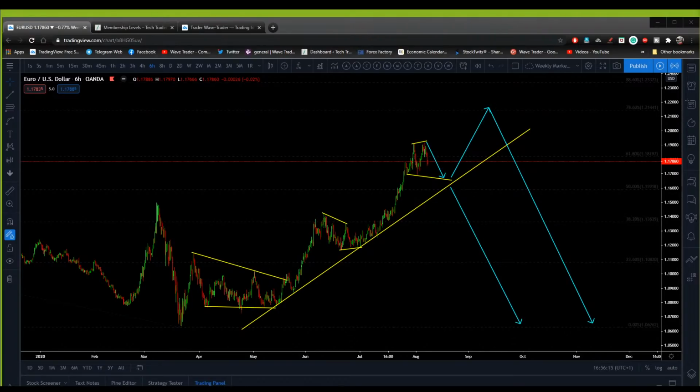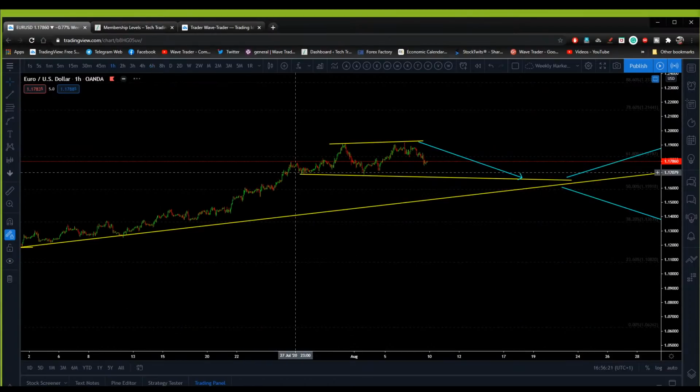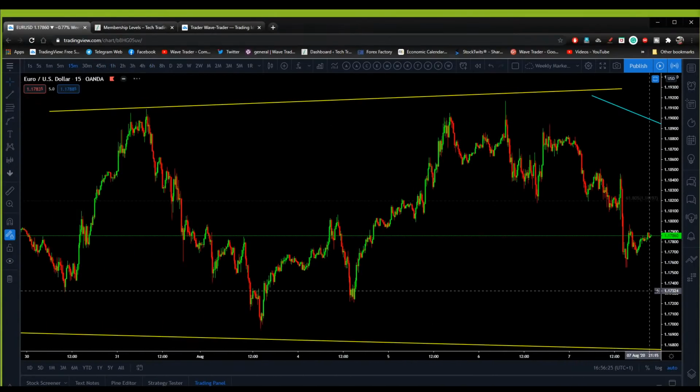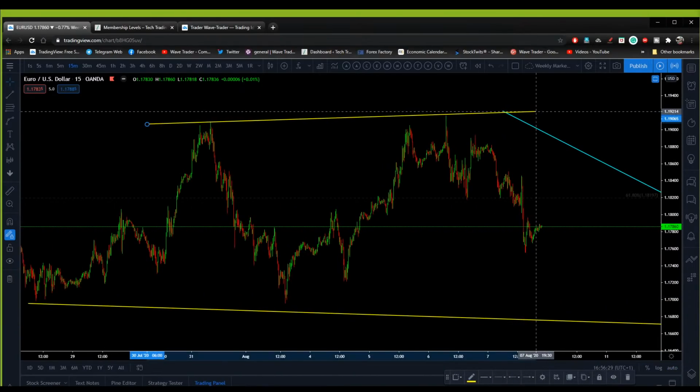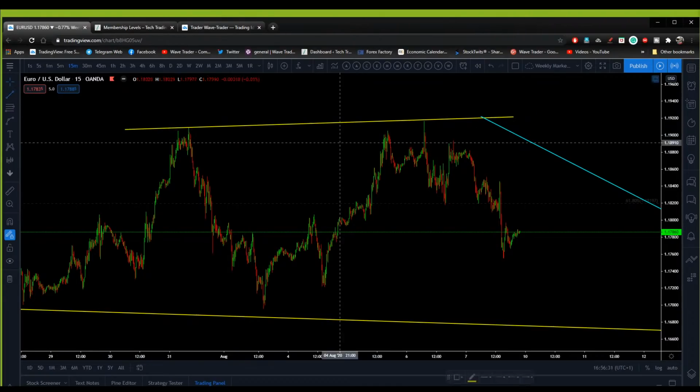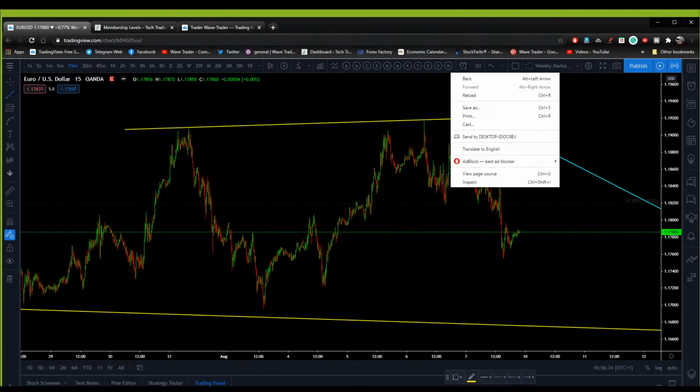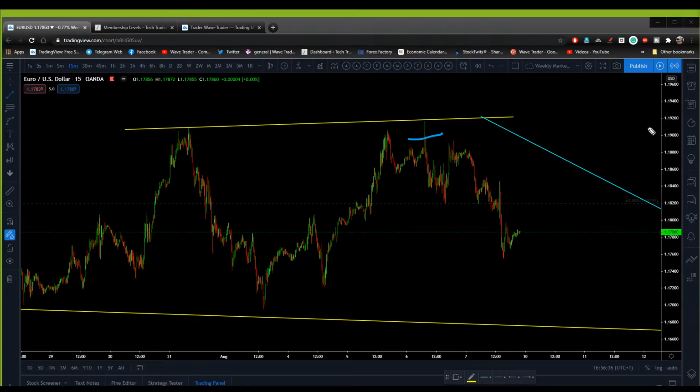So I'm going to look at the lower time frame, further lower, same like the dollar index. We were bearish on the 1.19. We were looking to sell, looking for it to go down from 1.19.